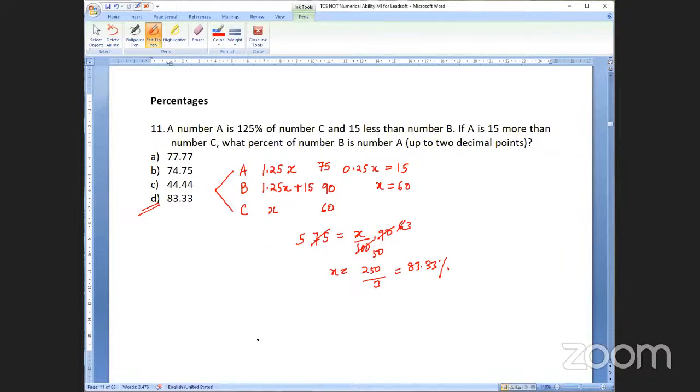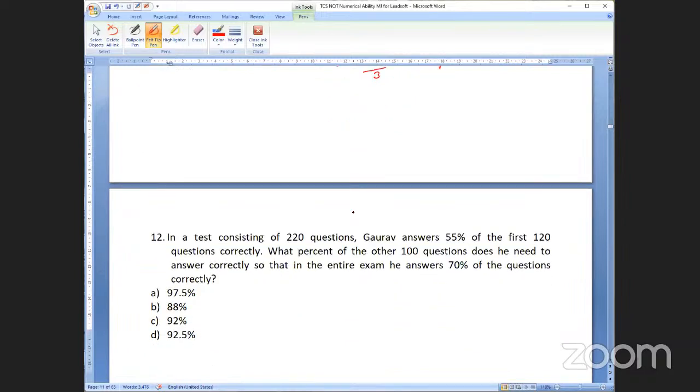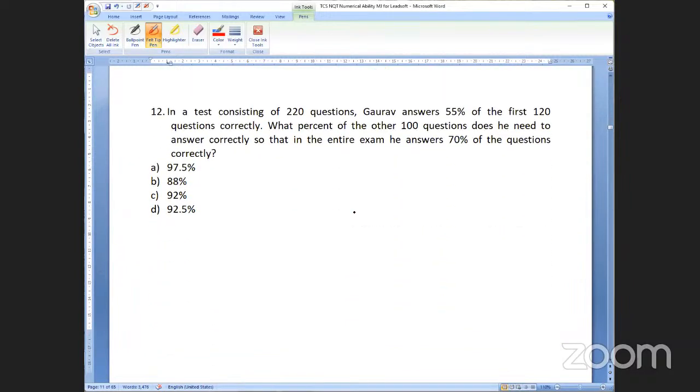Okay, we move on to the next one. Fair enough? Timer set begins. Give it a try.